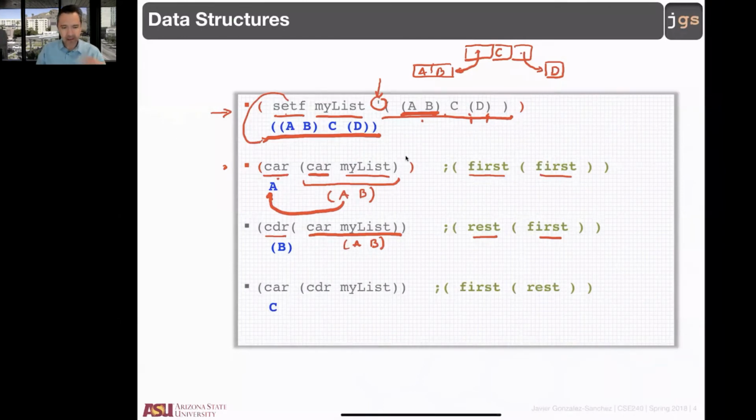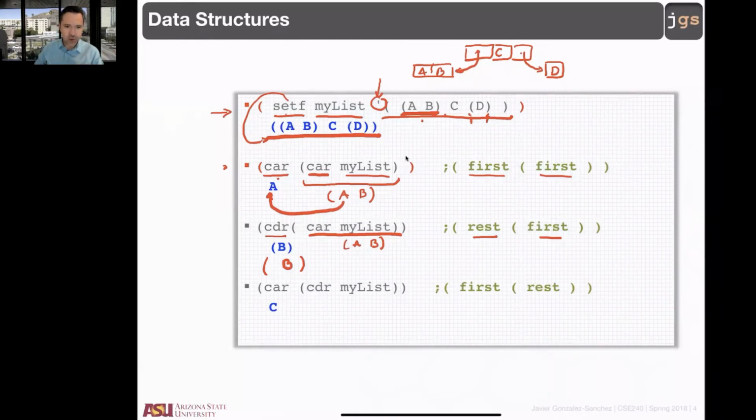The result is all the elements except the first, only B, because the first was A. And always, always, always, rest, CDR, is going to return a list. And that is the reason for the parentheses. Rest always returns a list with all the elements except the first one.